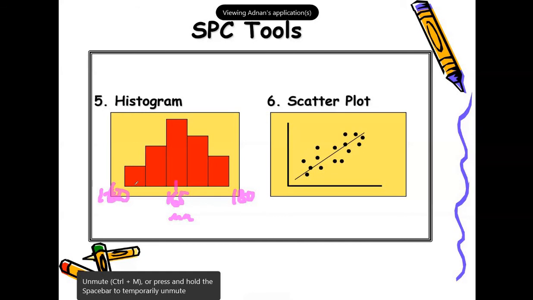Here maybe 145, 155, here will be 175 and so on. Most people will be in this region. If the shape is like this, we call it normal distribution. Many phenomena in our life follow normal distribution.